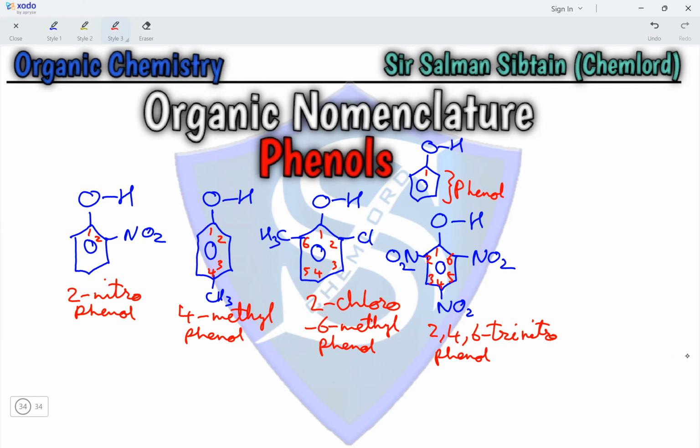And if we have different groups at these three positions, so let's replace two of the nitro groups, one with a Cl group and the other with a methyl group. So the numbering would be done by giving alphabetical preference to methyl over nitro because M comes before N. So it would be 1, 2, 3, 4, 5, and 6.